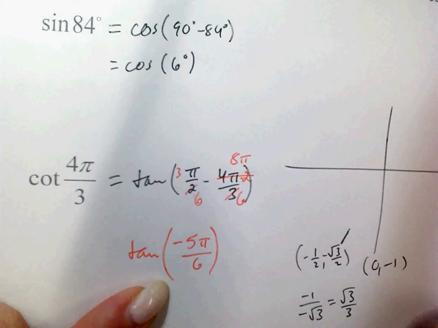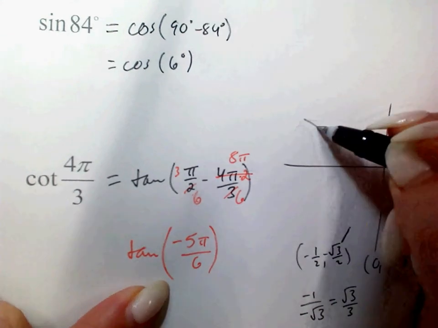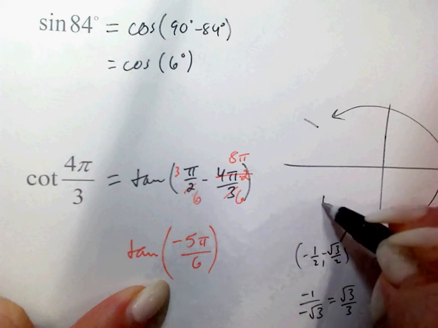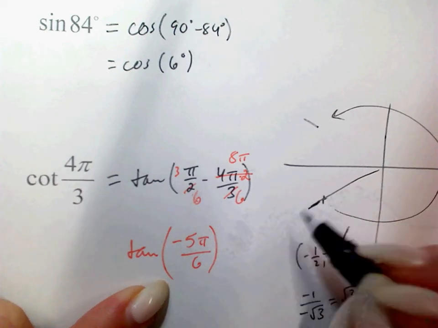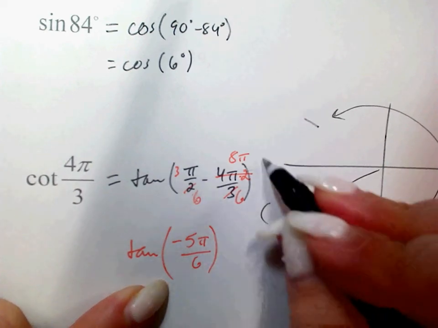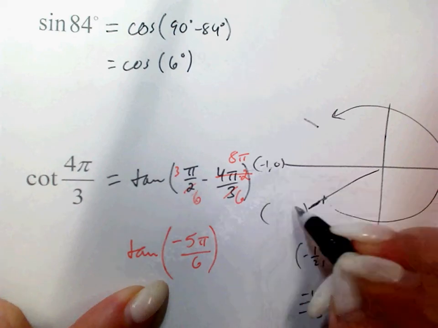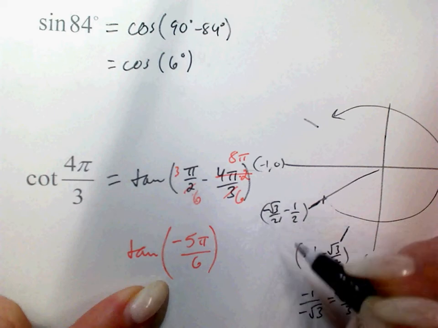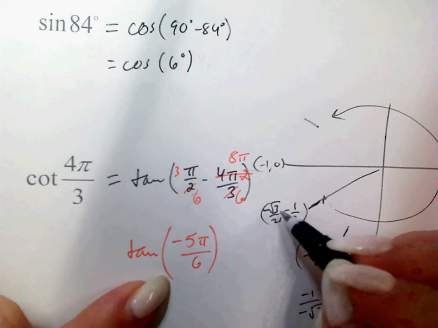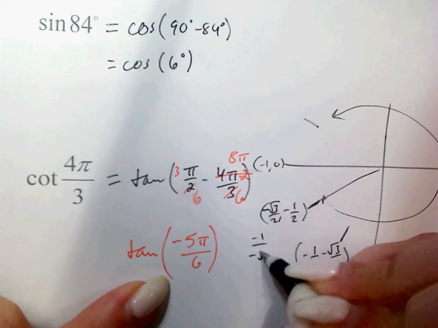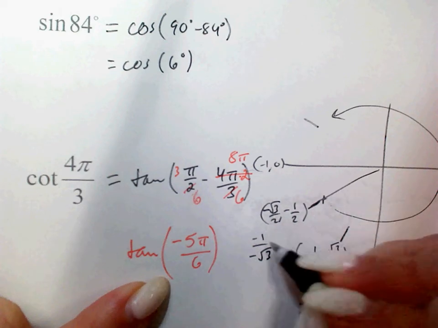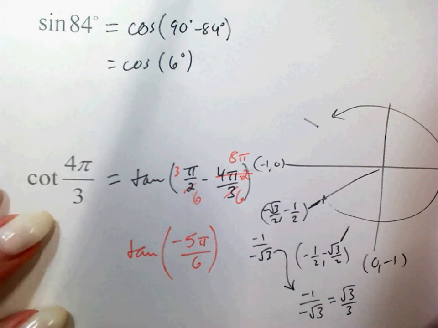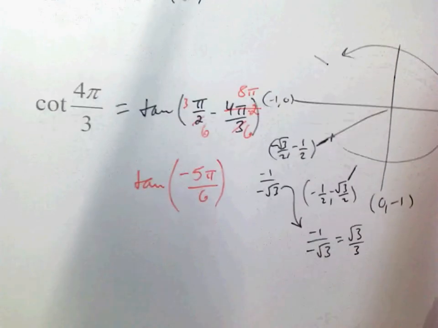So negative 5 pi over 6, well here's 5 pi over 6 right here. So negative going this way. So negative 5 pi over 6 is right here, this one. So this coordinate point is negative square root of 3 over 2 and negative 1/2. Tangent is sine over cosine, so you can see how that is also negative 1 over negative root 3. I never wrote the 2s because they always cancel out, which is the same thing as that. So they are equivalent to each other.